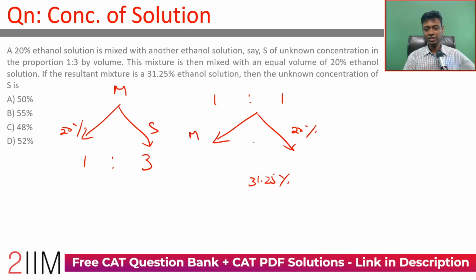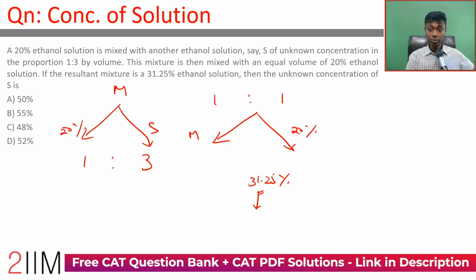So think about this. Forget about the first part. Deal only with this. The mixture and this are mixed to get 31.25. They are mixed in equal quantity. 31.25 is 11.25 more than 20. A further 11.25 should be the mixture, because it should be the midpoint, since they are mixed in equal ratios.